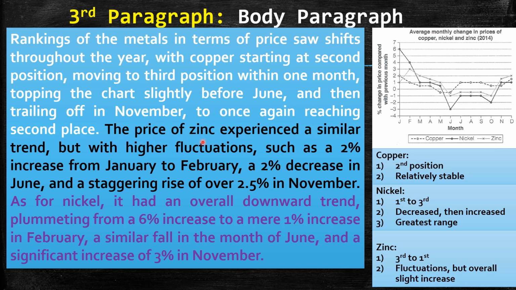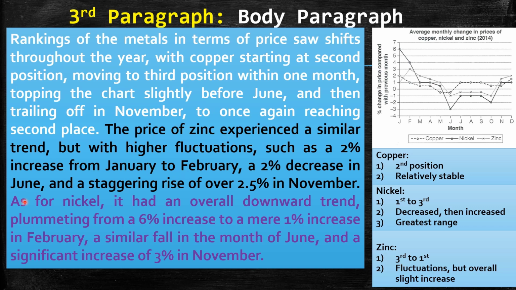The price of zinc experienced a similar trend but with higher fluctuations, which means changes, such as a 2% increase from January to February, a 2% decrease in June, and a staggering rise of over 2.5% in November. So again, I'm talking about zinc's overall journey.